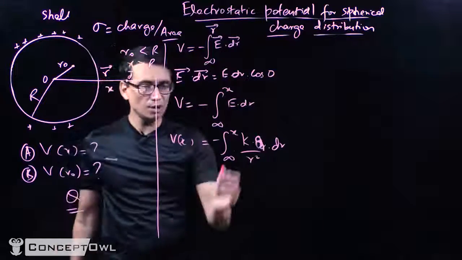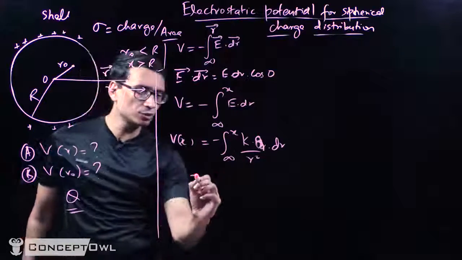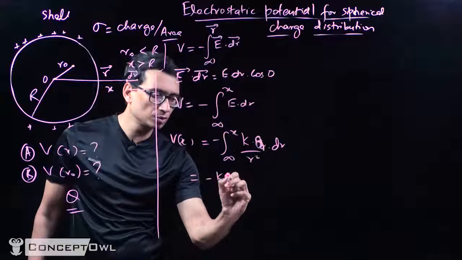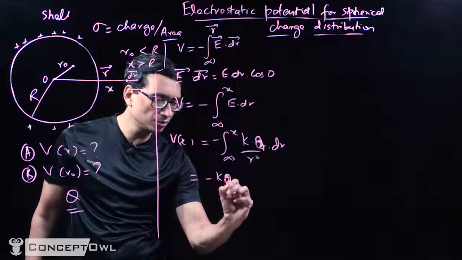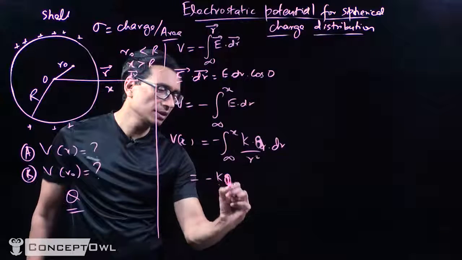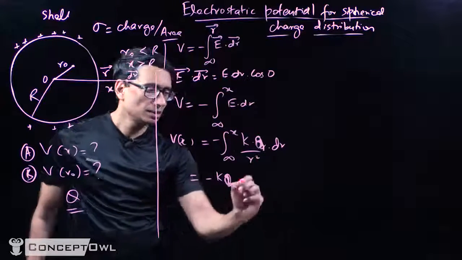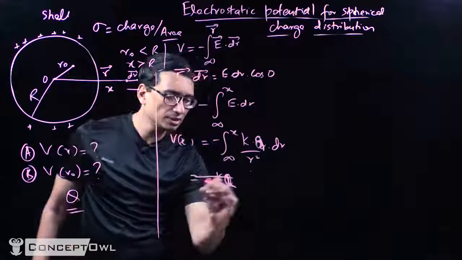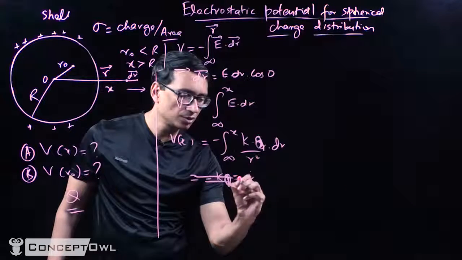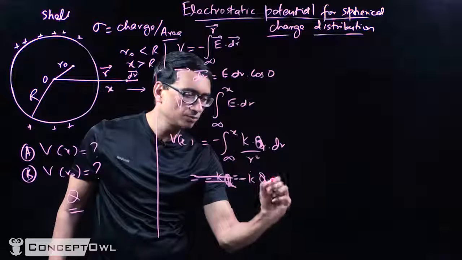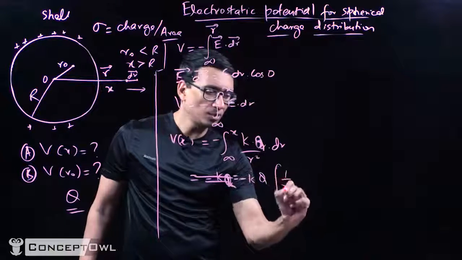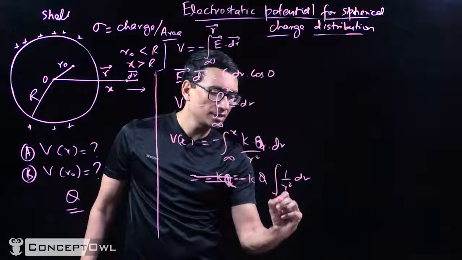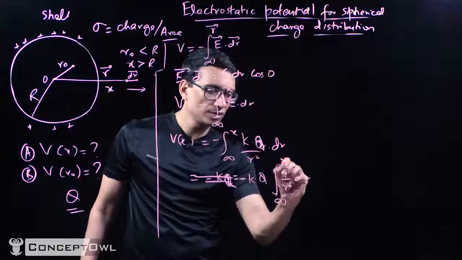Okay, so now k and Q are constant, let's take them out. So this would be minus kQ times the integral of 1 upon r square dr, and this goes from infinity to x.